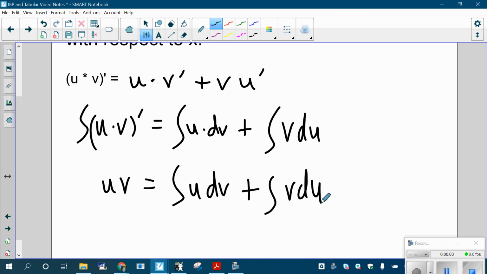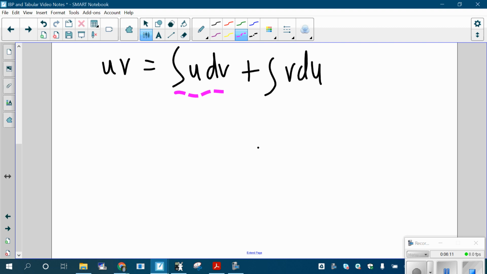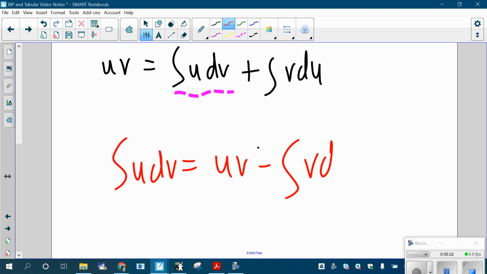I'm just going to rearrange this, essentially solve for this piece of it. So I get that the integral of u dv equals uv minus the integral of v du. This is my integration by parts formula.